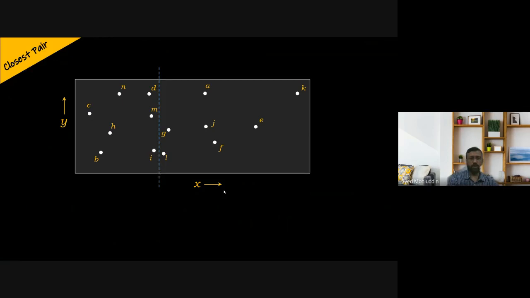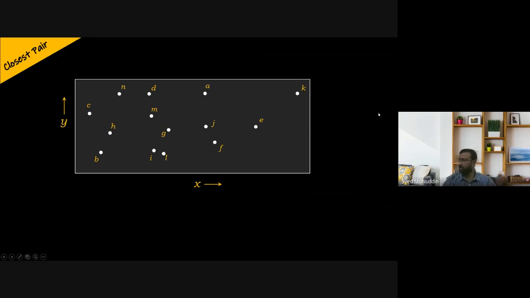Let us first look at the brute force approach. What will be the brute force approach? Brute force means that without thinking optimally or efficiently, we try to find the solution to the problem.